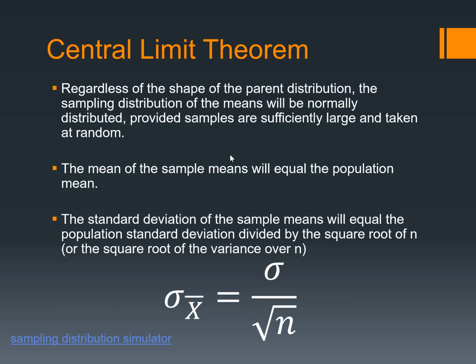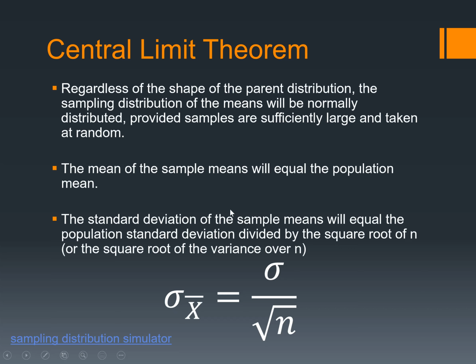And what is sufficiently large? This seems to hold and work out if samples are even as small as 5 or 10, as long as they're taken at random. Also, the mean of the sample mean, so if we repeatedly sample at random from a parent population, the mean of the sample means will equal the population mean.